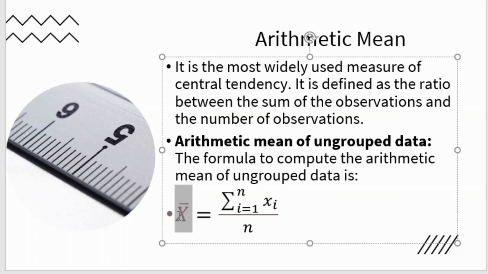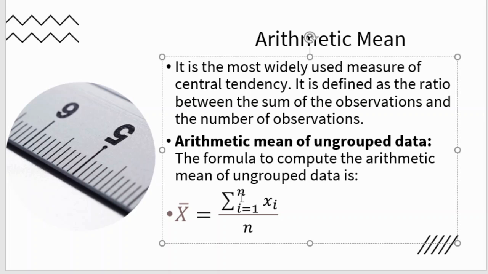Here the capital S with this bar denotes the arithmetic mean, and the sigma sign denotes summation. It means we are going to add the variable that we are showing here with the index that starts with i equals 1 and goes up to n.